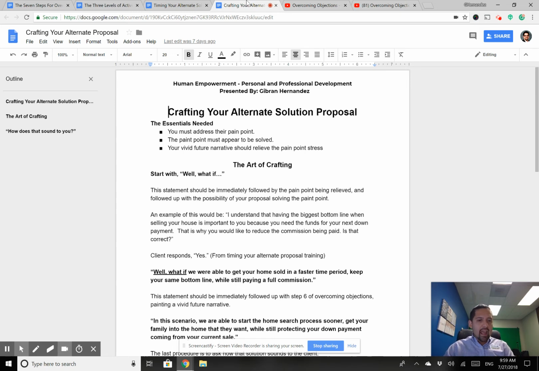Find objections, whatever they may be, to anything and utilize these systems. These systems work time after time after time. They are a framework for you to utilize in overcoming objections. Don't go out and try to recreate the wheel. This works. This is a solution that you can use for any objection.